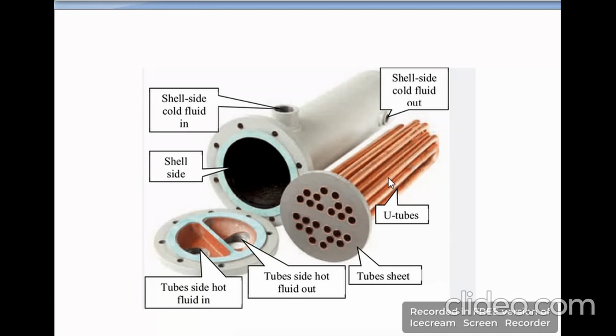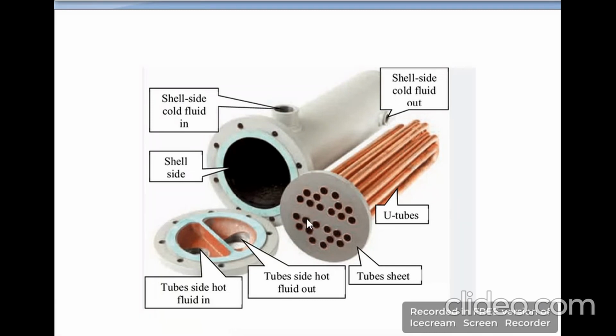Here you can see the tubes, and the circular plate called the tube sheet, in which these tubes are fitted. This sheet is separated into two parts. The lower half will receive the fluid and the upper half will exit that fluid.